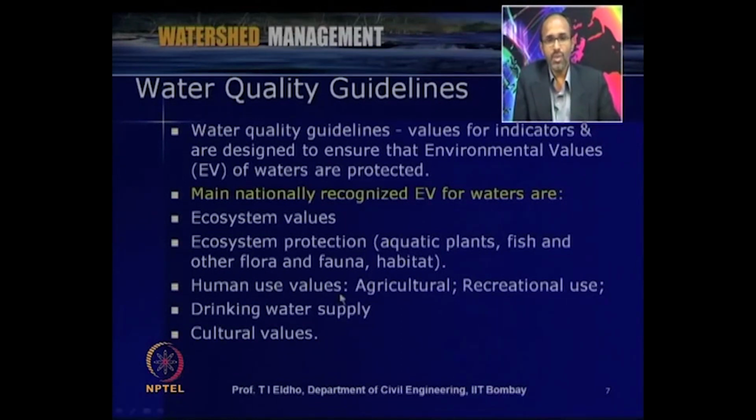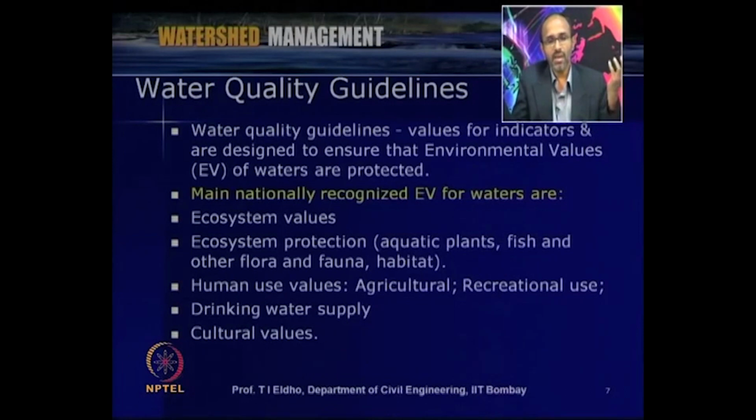And then human use values, for example, water usage for agricultural or recreational use. Accordingly, we can put specific guidelines, and then of course some of the more stringent guidelines will be for drinking water supply. We should meet specified quality requirements as far as drinking water usage is concerned.